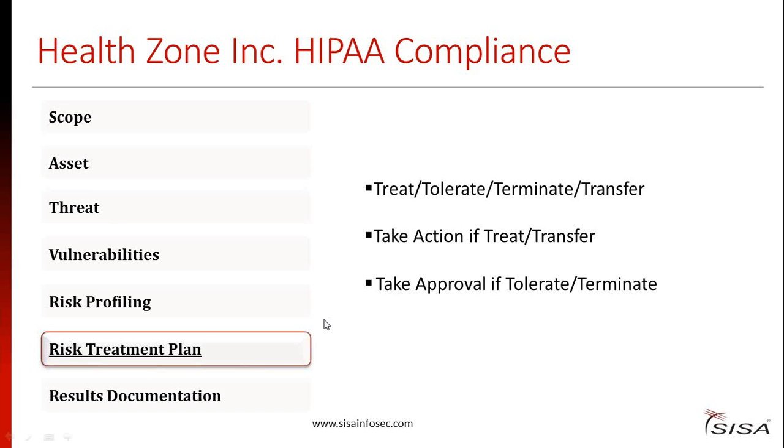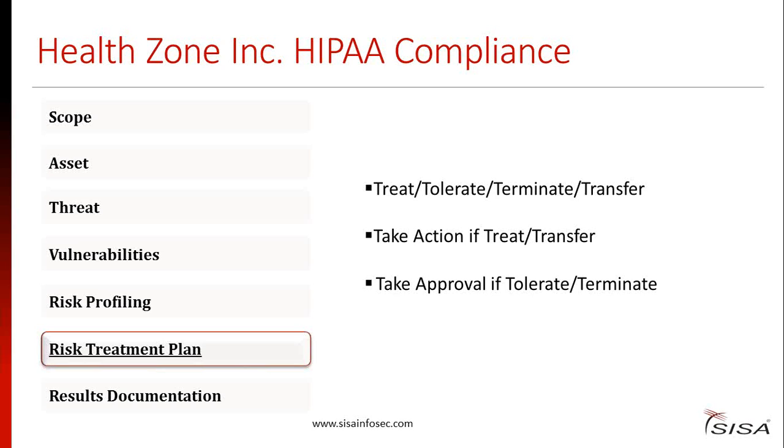You have to remember that if we are treating or transferring the risk, we have to define an action tracker, and this action tracker has to have the particular risk, action item, closing date, and final status of the particular risk. If we are going to tolerate or terminate the risk, the approval has to be taken. So if Health Zone is planning not to go for a cloud service provider, they have to take the approval from the senior management.